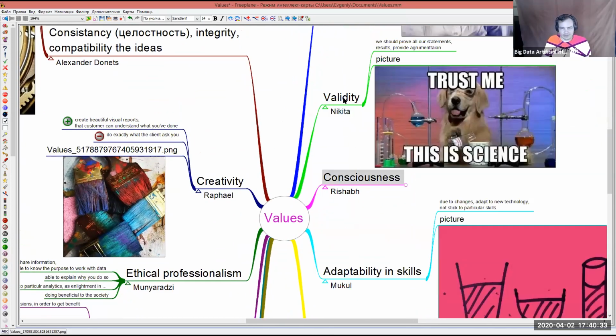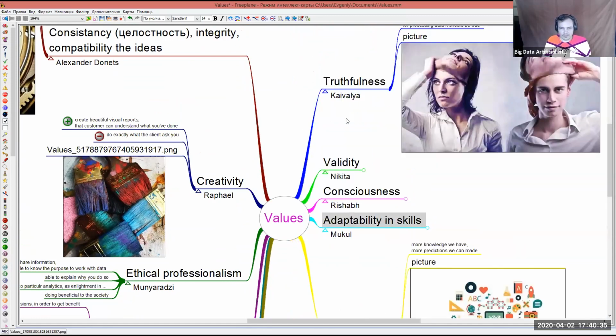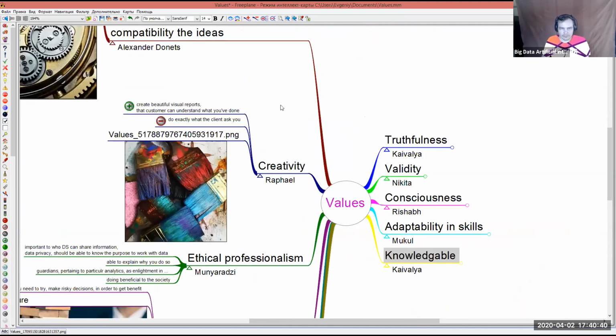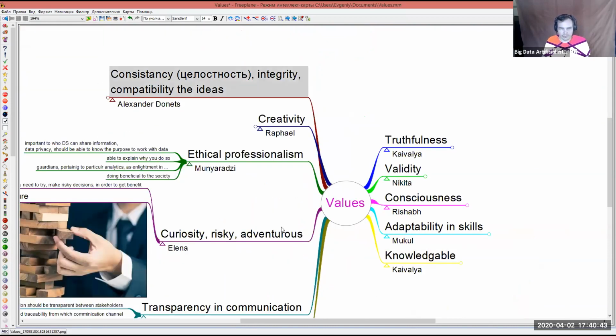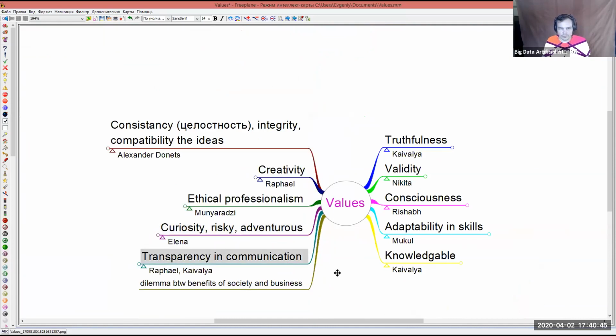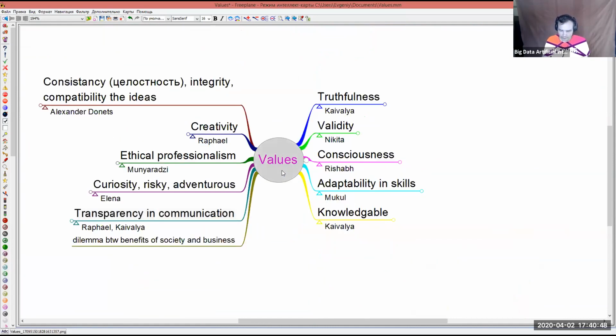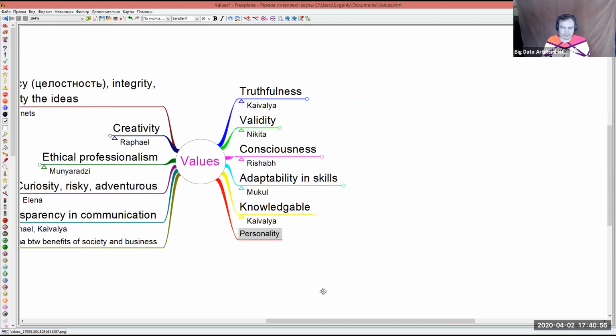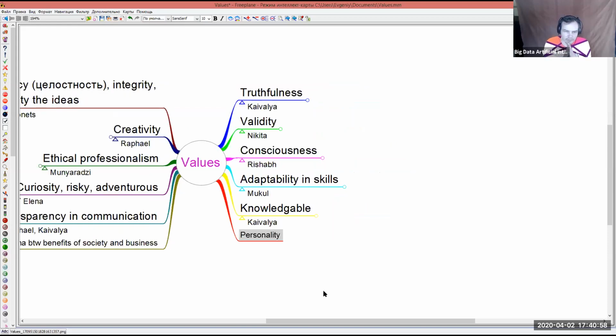Yes, okay. So I can propose some more. If we talk about professional activity, we cannot actually avoid some personality. There are some values that people sometimes forget when we are developing artificial intelligence systems.